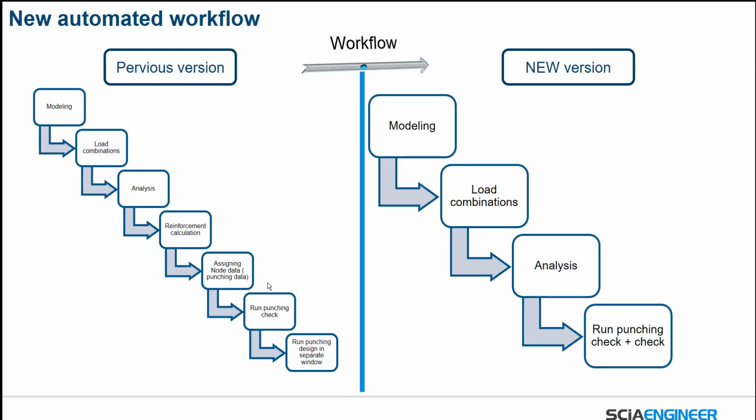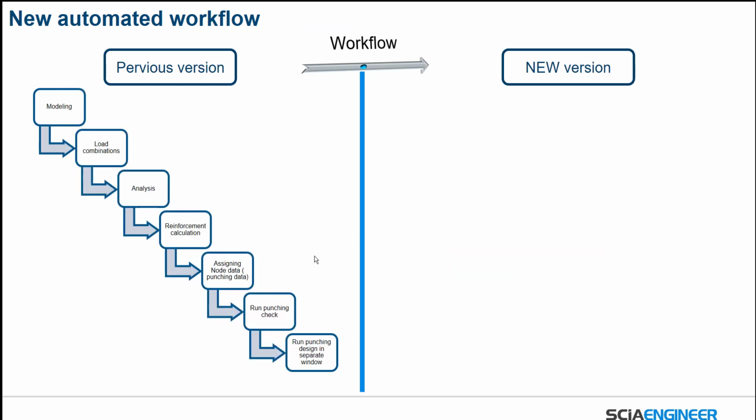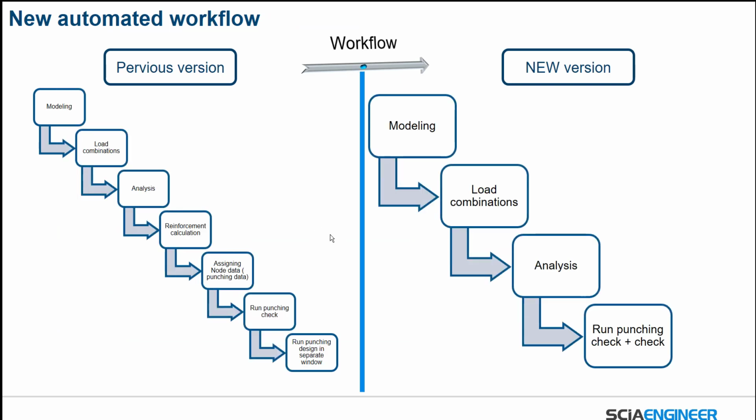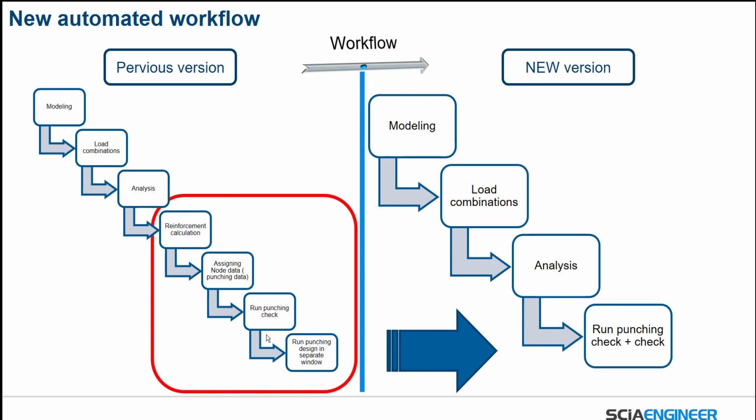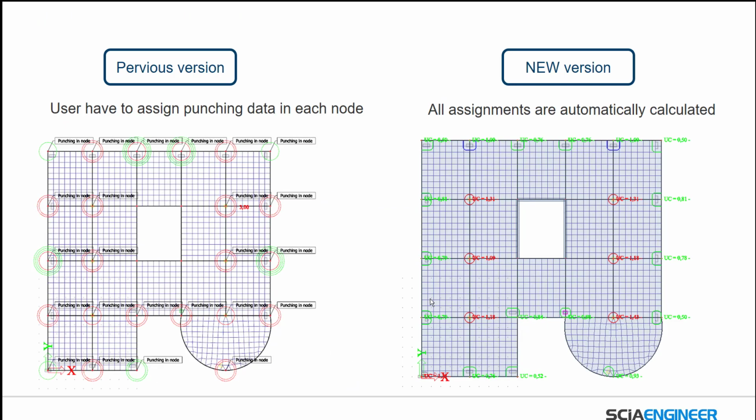Next, here I already explained this point to you: how we improved the workflow, and now we have automatic things, and this could save time. In this point, what I did, in fact, I made a kind of comparison between the old modules for the calculation of punching and the new one to see how much time I will save. This is just for my personal use, but I decided to share that with you.